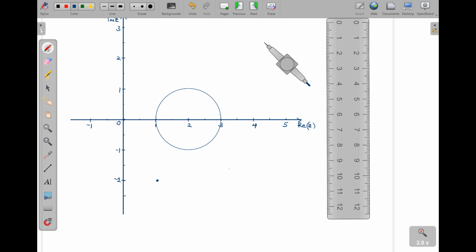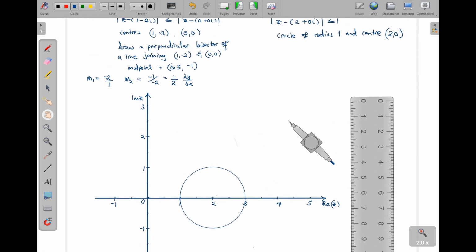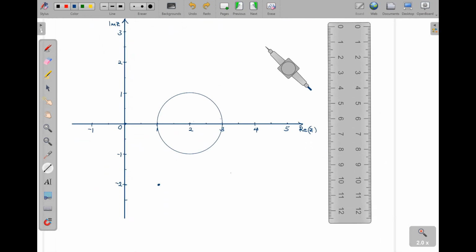Then from there, we have the perpendicular bisector. Remember, we are supposed to do a perpendicular bisector joining this center 0, 0 to this 1, negative 2. So let me draw that small line there, and then I make it dotted because we don't need it, so that it doesn't interfere with our work.